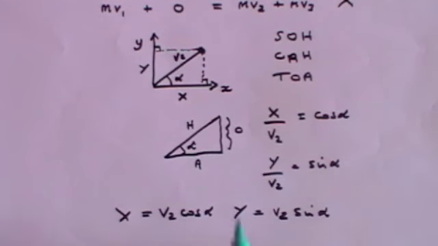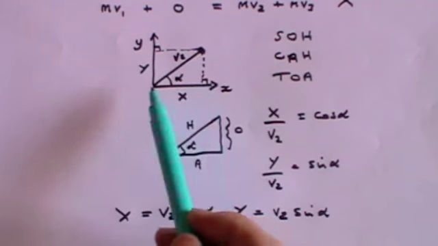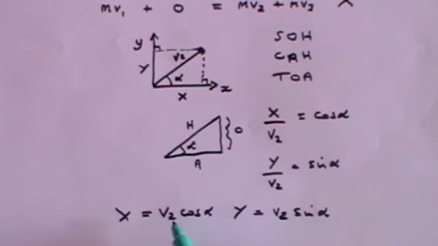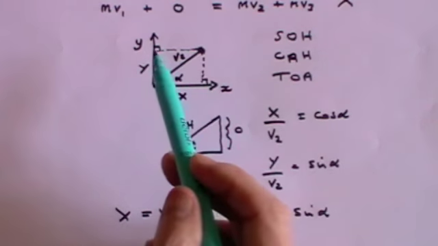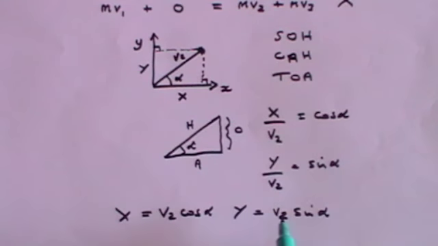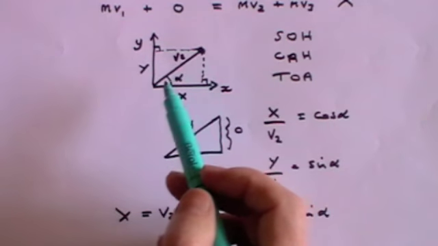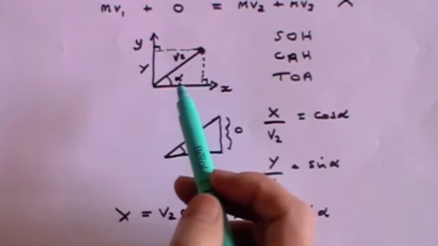So in other words, the component of the velocity in the x direction is the vector multiplied by the cosine of the angle, and the component of the velocity in the y direction is the velocity multiplied by the sine of the angle, provided of course the angle is the angle between the velocity, the vector, and the x-axis.